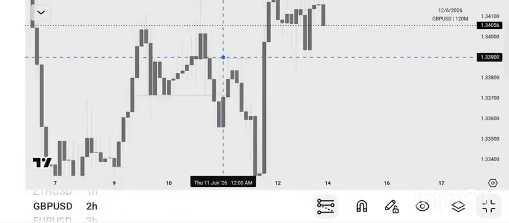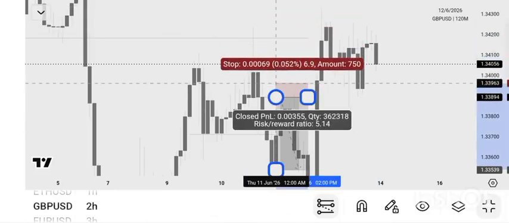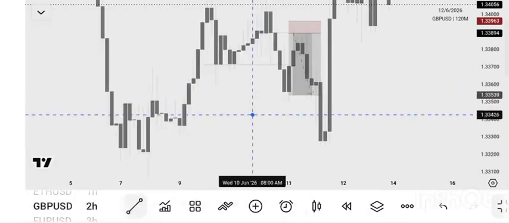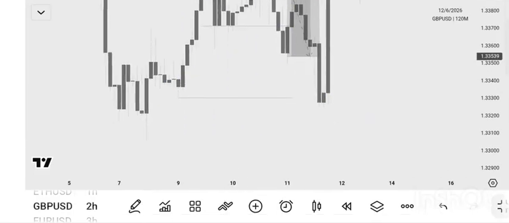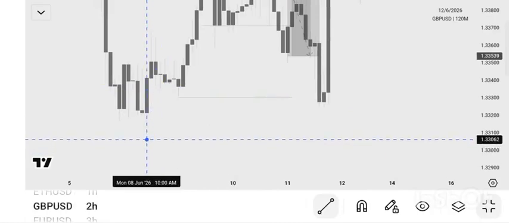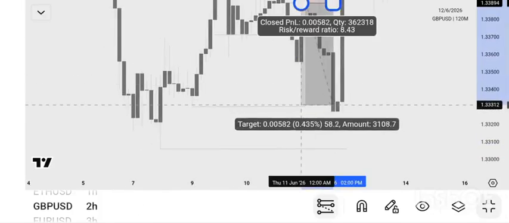Entry was from here. Stop loss this high, and then we're targeting this low. Although my overall target was at this low. I was expecting price to take out the low, but price didn't get to it. But price took out this.